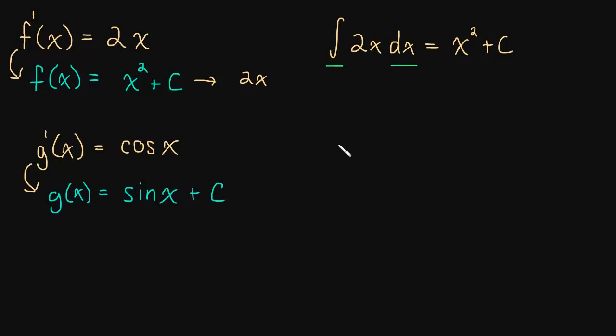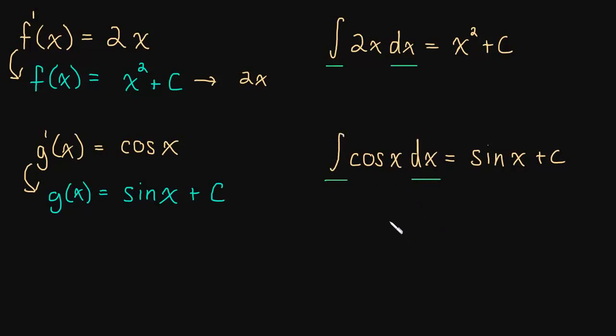Keeping that in mind, how would we write the antiderivative of cos x? Well, the antiderivative of cos x with respect to x is equal to, not x squared plus c, sine x plus c. You can think of this symbol as saying take the antiderivative of whatever's sandwiched between the integral symbol and the dx.